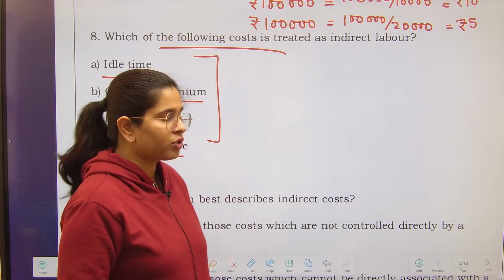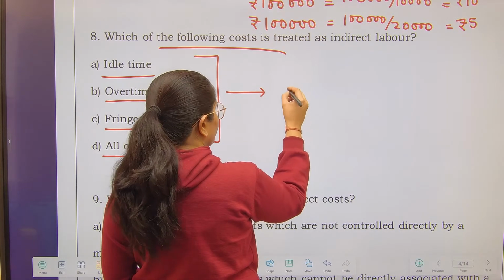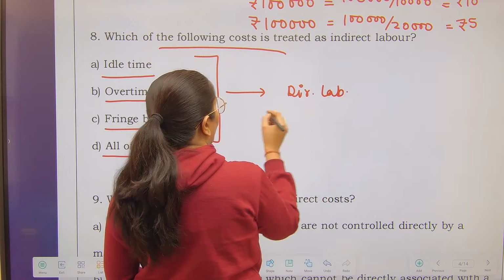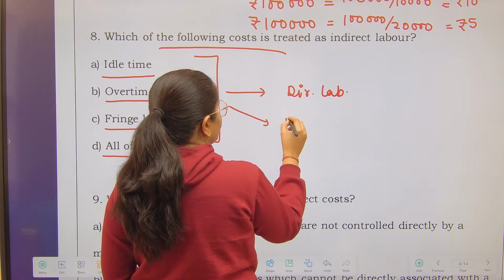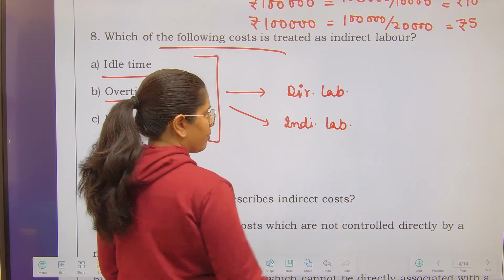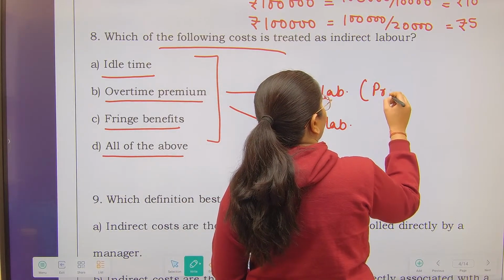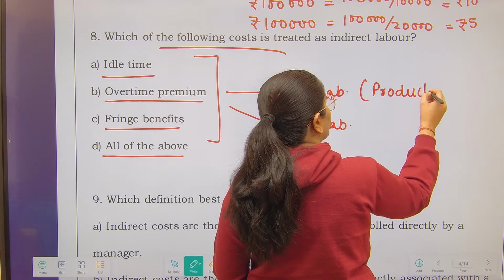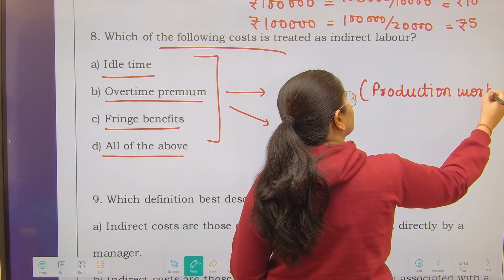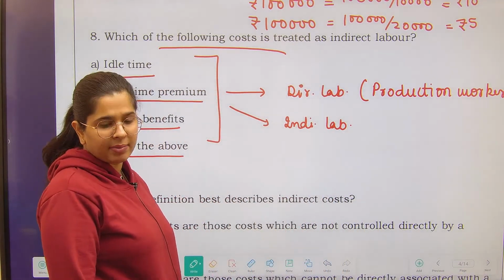Why? The question is whether these benefits are being given to direct labor or to indirect labor. For example, if these benefits are being given to a production worker, then they will be taken to the direct labor cost.